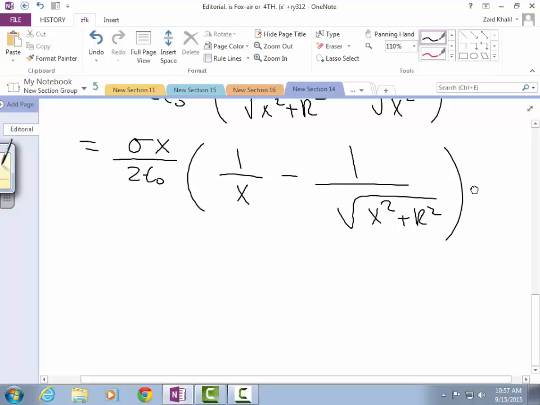So, what is this? Correct. So let's look at limiting cases. First limiting case is where x is much greater than r. If x is much, much greater than r, what do we get?